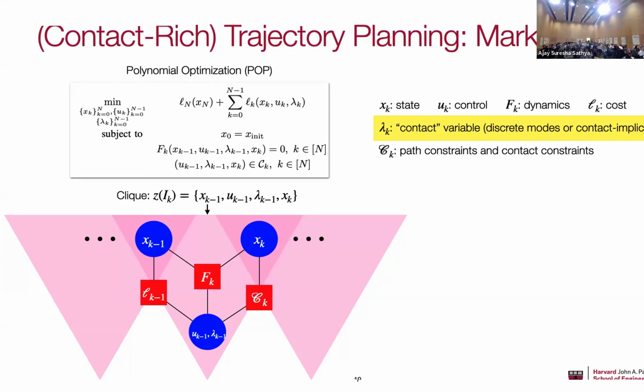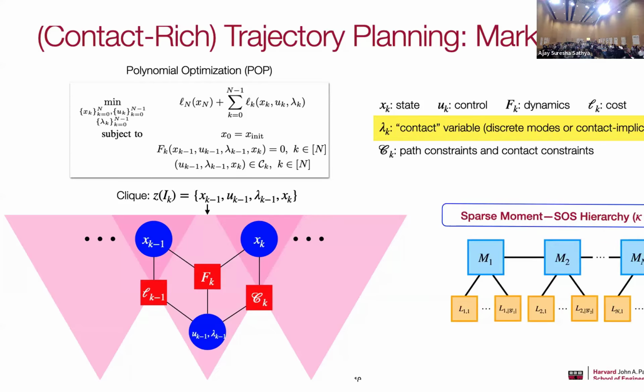Where every clique contains only the variables at this time step and the state at the next time step. And then if you look at each clique as a single node, these cliques form a line graph. So this is really where the sparsity of the problem comes from: the Markovian property.